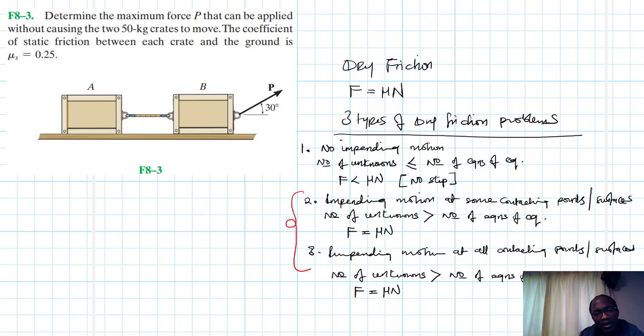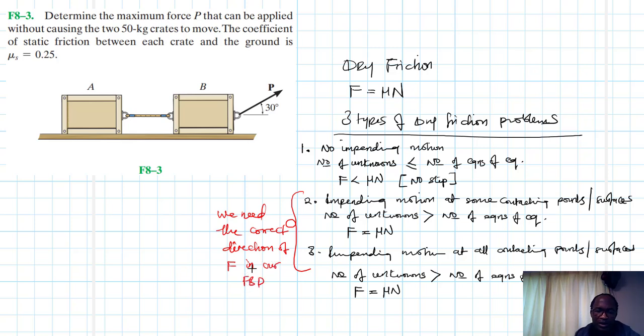In the second and third type of problems, we need the correct direction of F in our free body diagram.